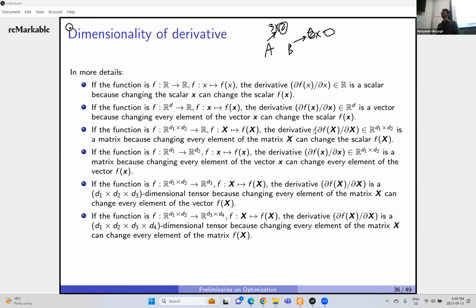If they don't match, it's nonsense mathematically. Therefore, you will understand at first glance that when you transpose the derivative, you need to transpose other things. Otherwise, you can't multiply the matrices and the vectors mathematically. Is it clear? All right. Okay.